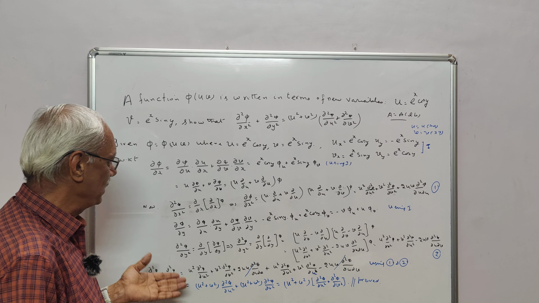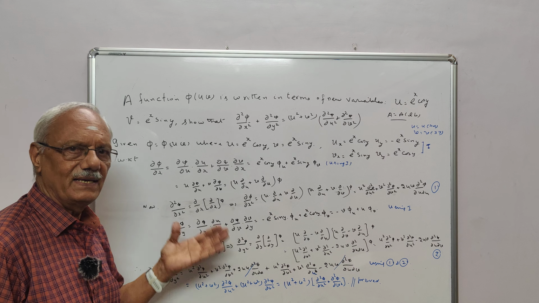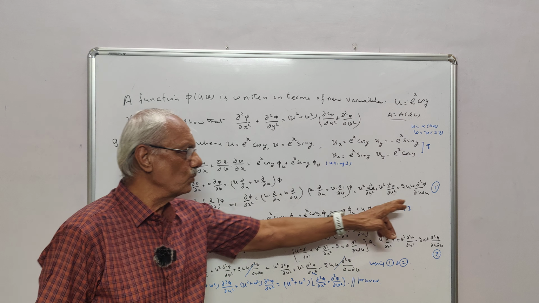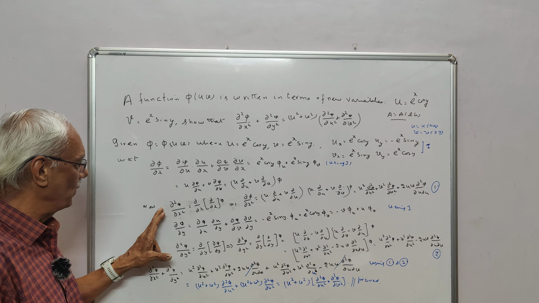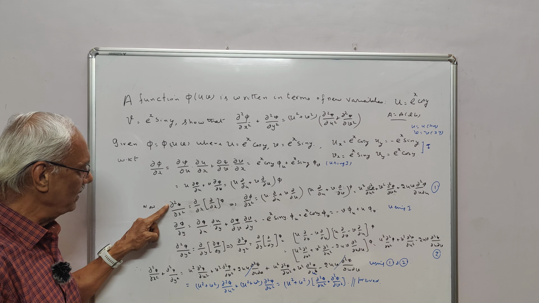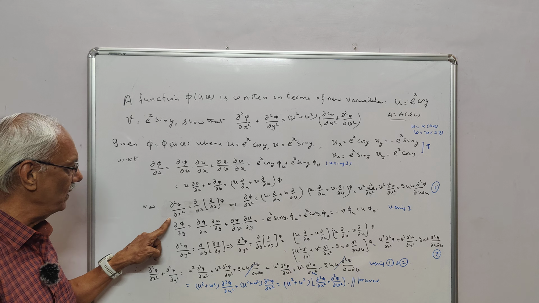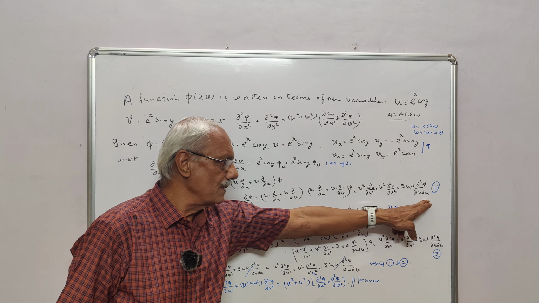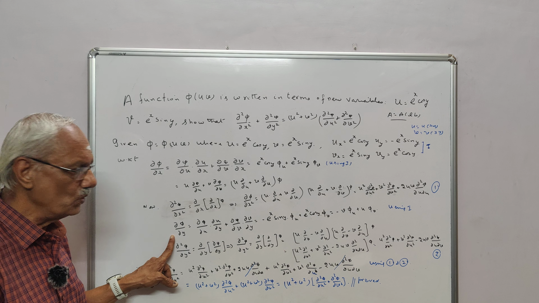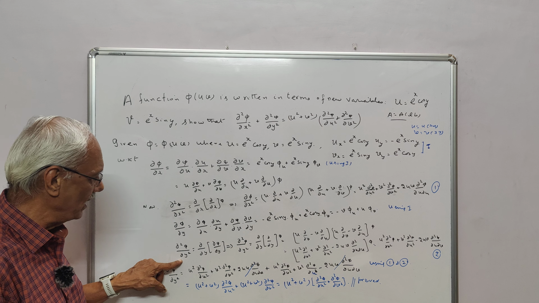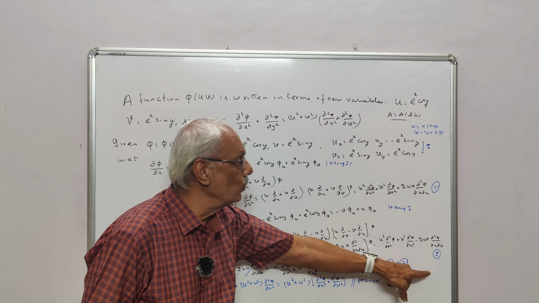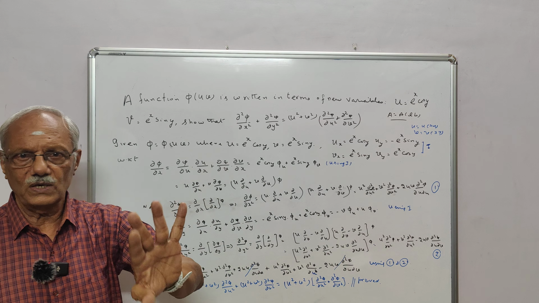I call it 1. Then I find the first derivative of phi with respect to y, and then the second derivative of phi with respect to y, and I call it 2. Then I add 1 and 2 to get this result. This is what I am going to do.